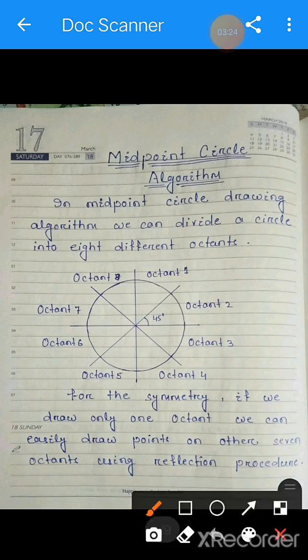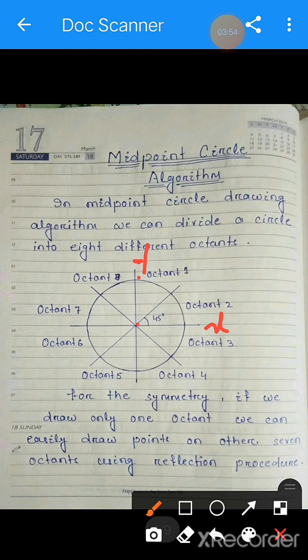Suppose this one is the center point, this is 0, and this one is r. This one is the x-axis and this one is the y-axis. The y-axis can be decreased and the x-axis only increased.